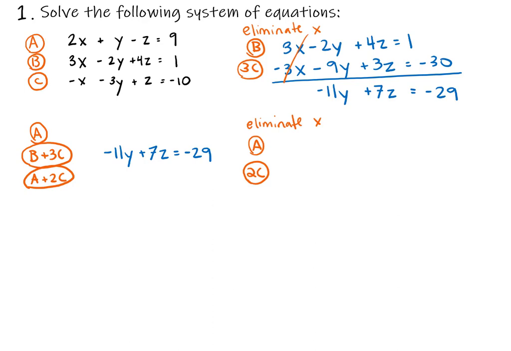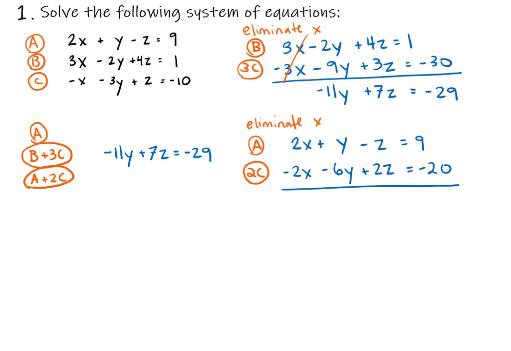Let's do the next one. Let's eliminate our x's. We're going to write a as 2x plus y minus z is equal to 9. And then 2 times c gives me negative 2x minus 6y plus 2z is equal to negative 20. Our x's should get eliminated.